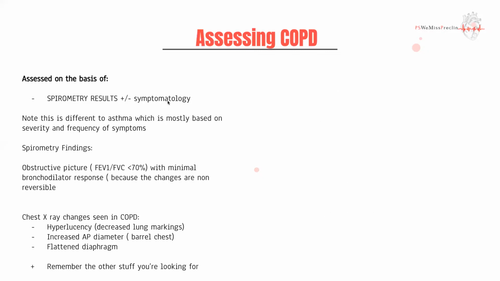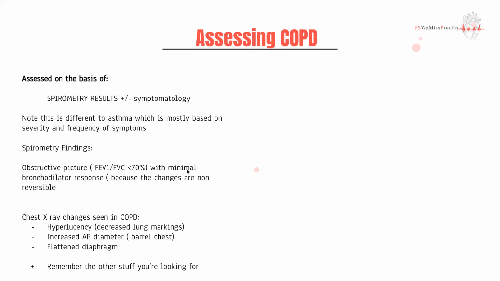When we assess severity, firstly, obviously, the first thing we're going to perform is spirometry or pulmonary function testing, very similar to what we do with asthma. The differences between asthma and COPD are, firstly, the similarities. Both of them would have an obstructive picture, meaning that although your FVC might be relatively normal, your FEV1, or the amount of air you can expel in the first second, is going to be significantly less because you have an issue with the tubing system.